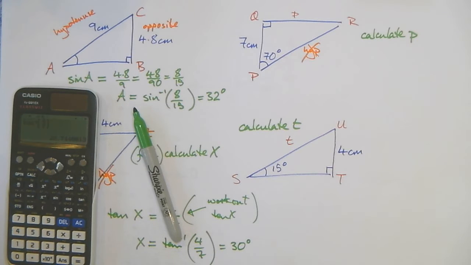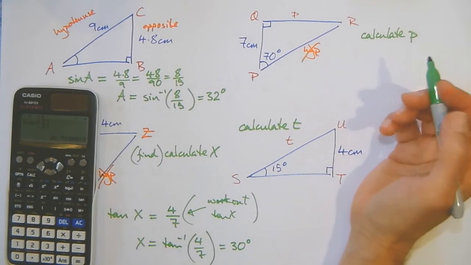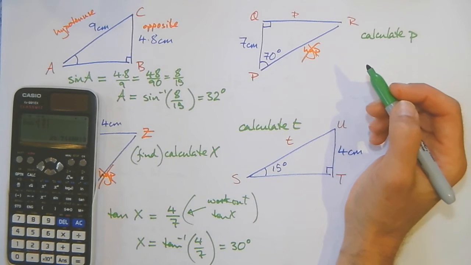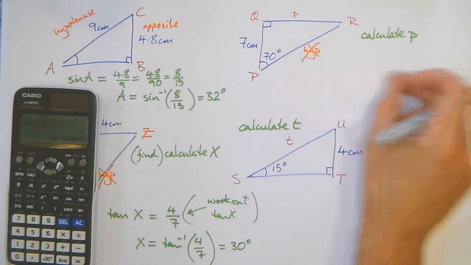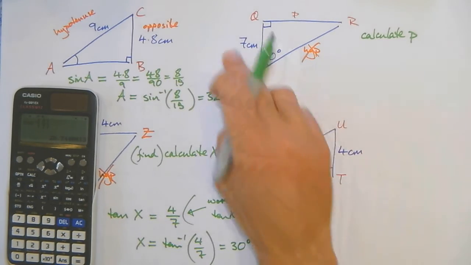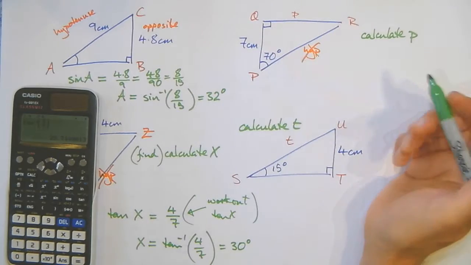So if it's not the hypotenuse, I'm not going to use sine or cosine, I'm going to use tangent. And you can look back at your notes about how your teachers, if they gave you any mnemonics, for deciding the rules.